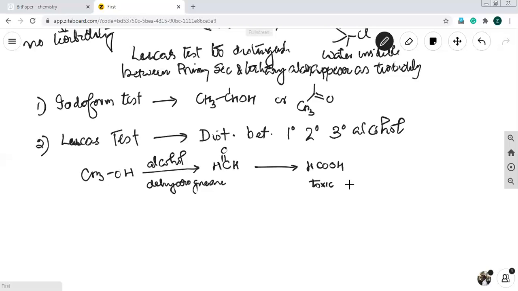And they will inhibit mitochondrial cytochrome. So it will affect your mitochondria. Mitochondrial cytochrome oxidase.